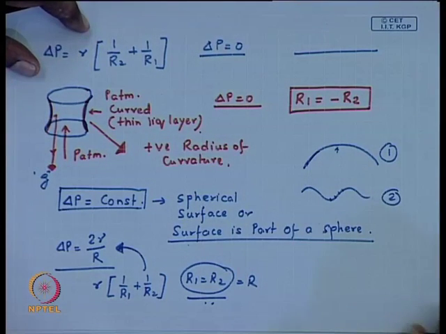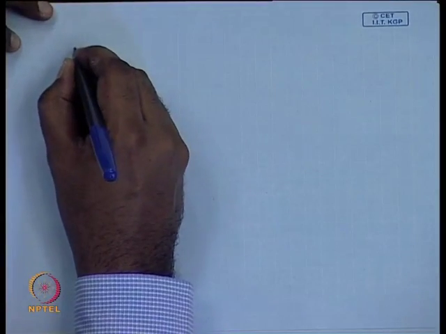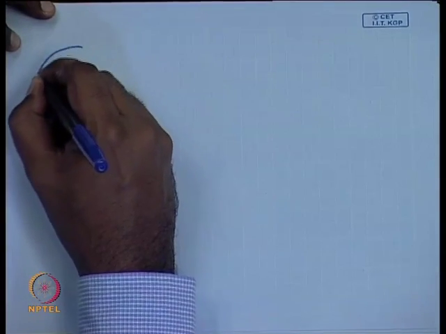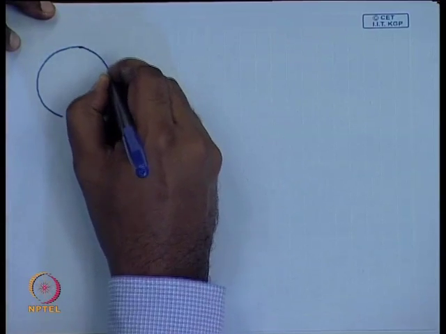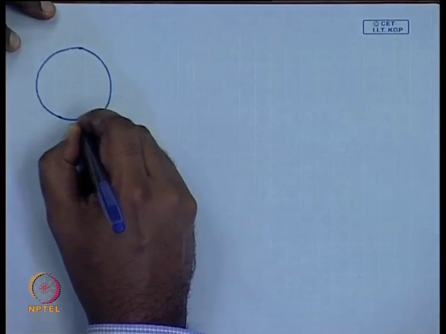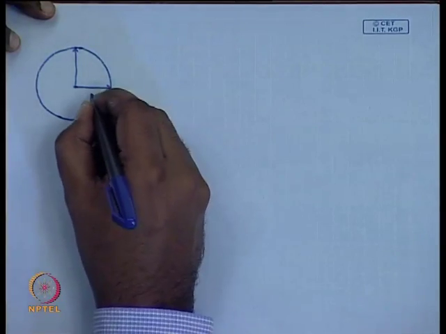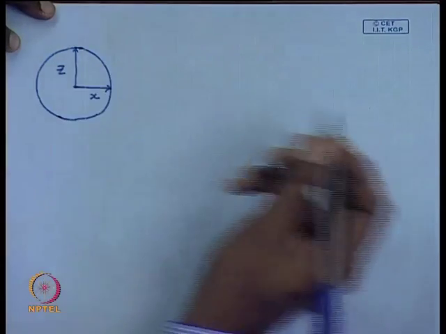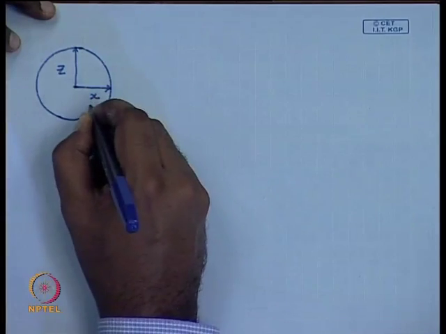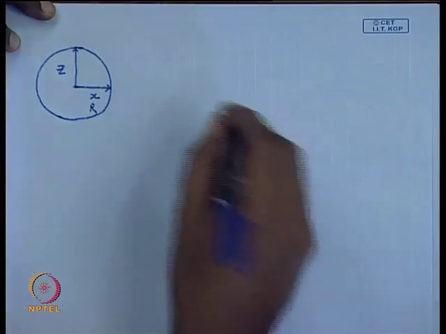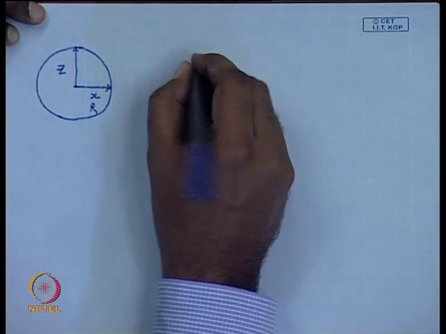So, can we verify it mathematically? Let us have a quick look at it. Suppose we start off with a surface which is spherical. This is the way we have derived. Let us say the radius of the sphere is r. This is an axisymmetric surface, all right.